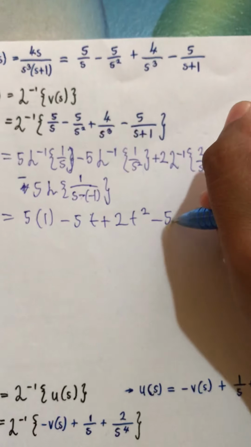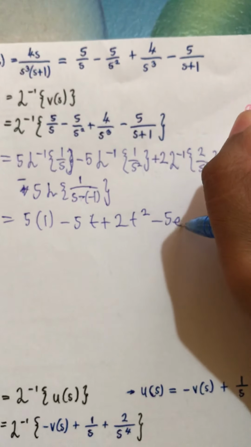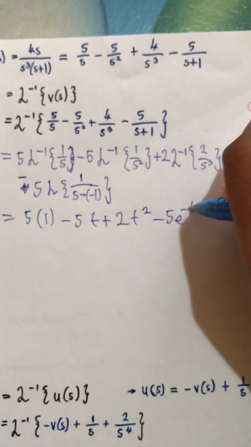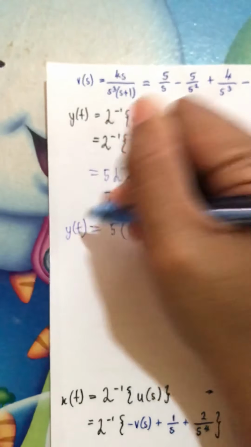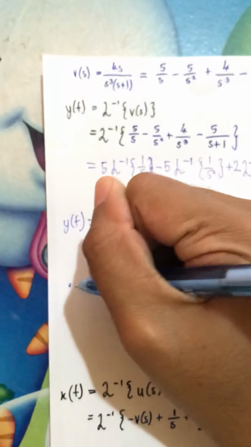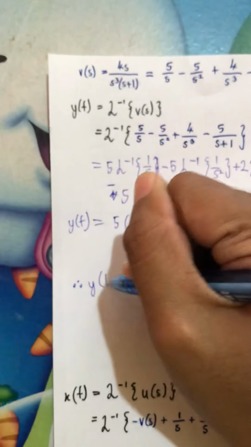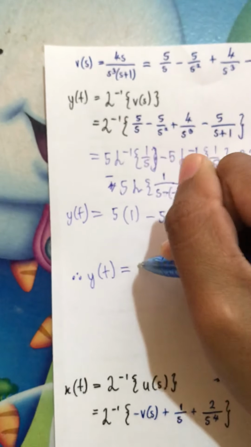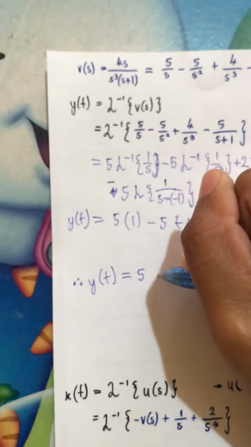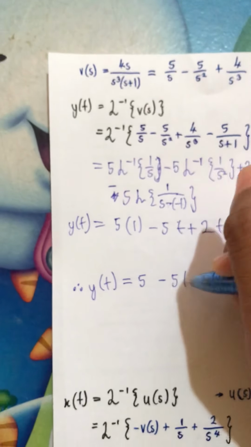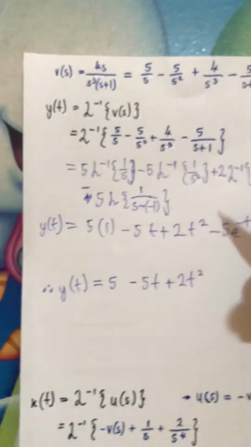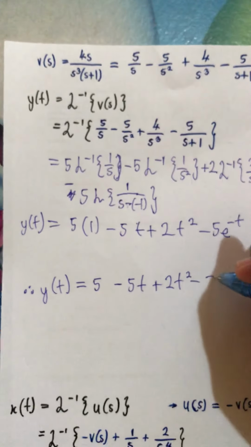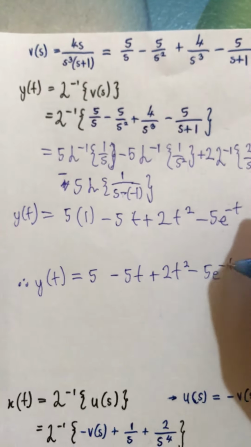So we get minus 5 exponent of minus t. So here we get the answer for the first solution. We get yt equal to 5 minus 5t plus 2t squared minus 5 exponent of minus t.